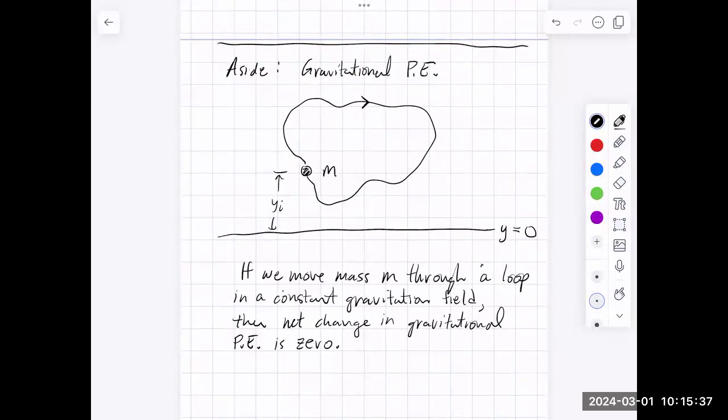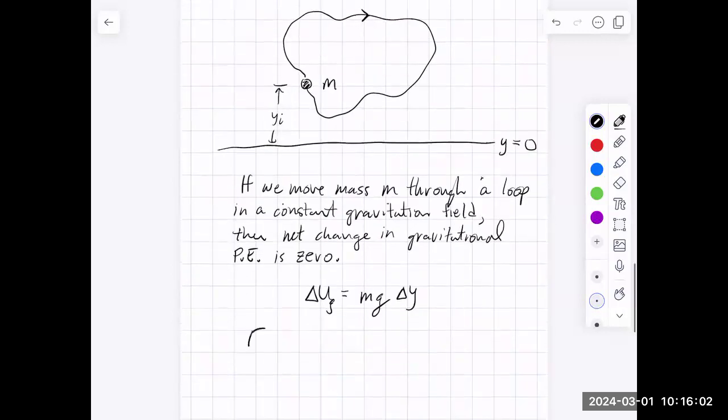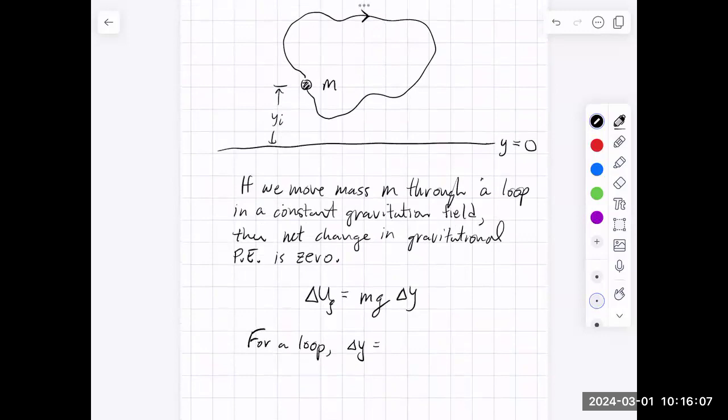And that's just because if we want to keep track of changes in gravitational potential energy, well, the gravitational potential energy is just mg times the height. So the change in potential energy is mg times the change in height. But if we go in a complete loop, our starting and ending positions are exactly the same. And so there is no net change in height. So for a loop, delta y equals 0. And so therefore, delta U is also equal to 0. I'll put a subscript g for the gravitational potential energy.